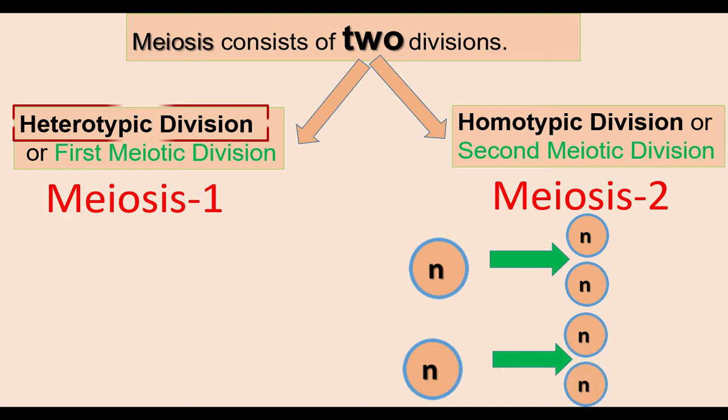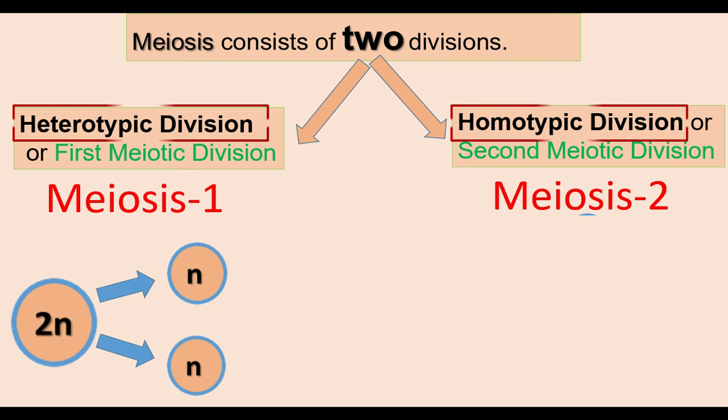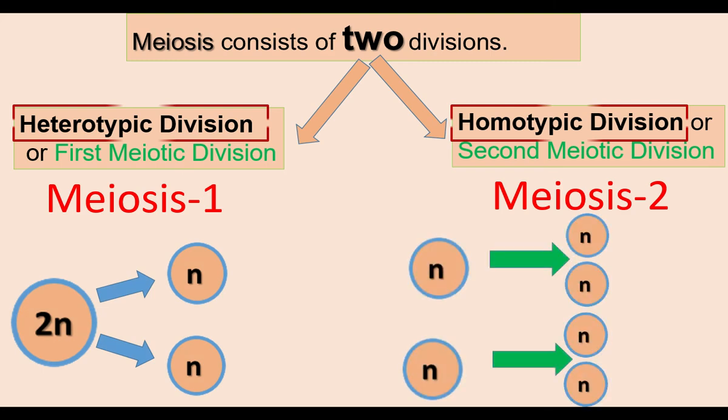Here there is no change in the number of chromosomes between the parental cells and daughter cells, so it is called homotypic division. Meiosis 1 produces 2 haploid cells. Meiosis 2 produces 4 haploid cells. So at the end of meiosis, 4 haploid cells are produced.